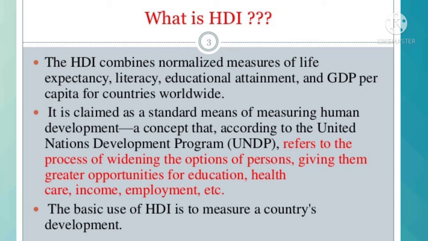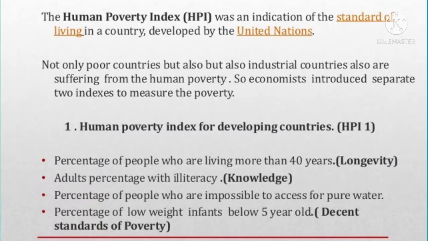If the empowerment is in the negative way, means the people are not empowered by the society, so that means there is a lack of the development, which is also can be included in the Human Poverty Index.